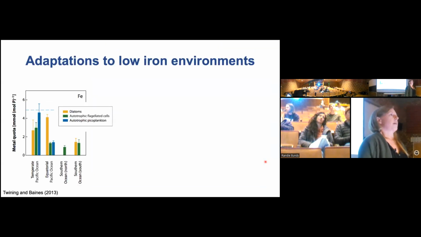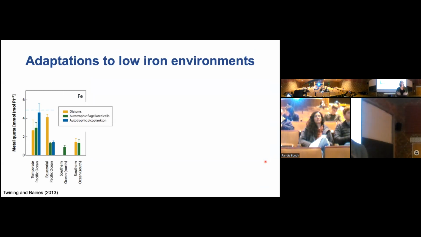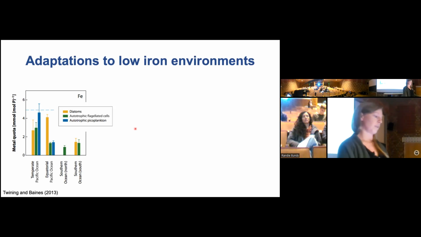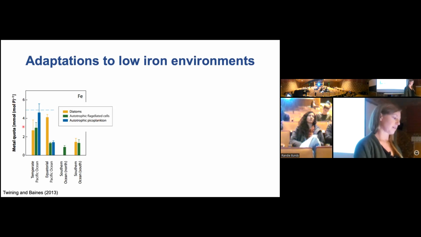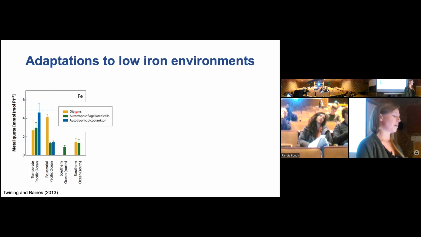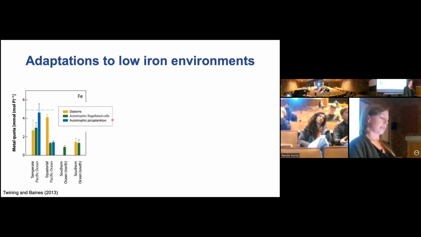So what are some of these adaptations that organisms can have in the ocean to adapt to this new modern oxic low iron environment that the ocean has? Well, they can adjust their metal quota. This is an example showing the iron to phosphorus ratio of different groups, including diatoms in yellow, flagellates in green, and picoplankton in blue, and also in different ocean basins that all have different iron distributions.